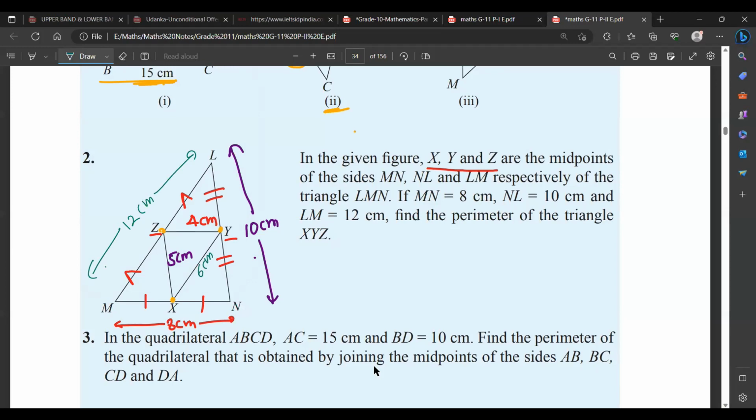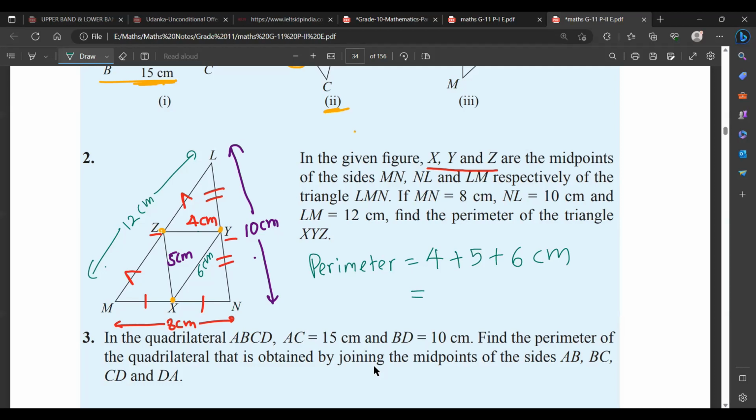Okay. Now you can see what is the XYZ. They are asking the perimeter of XYZ. At these three, what is the value? 4, 5, and 6, no? 4, 5, and 6 centimeters together. Only that much. This one 8, this one should be 4. This one 10, this one half of that one.